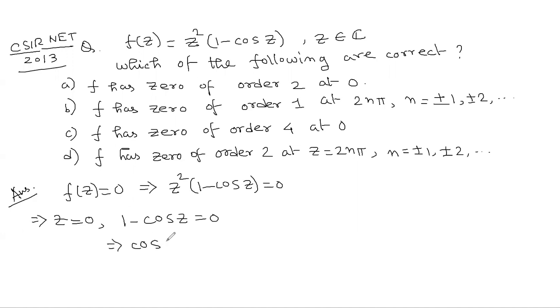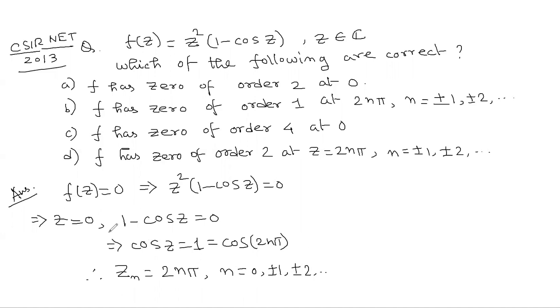Here you can see cos z is equal to 1, that is cos of 2n pi, so z equal to 2n pi for n equal to 0, plus minus 1, plus minus 2, etc. So the zeros of the function f(z) are z equal to 0 and 2n pi for n equal to plus minus 1, plus minus 2, etc. Now we have to determine the orders of the zeros.